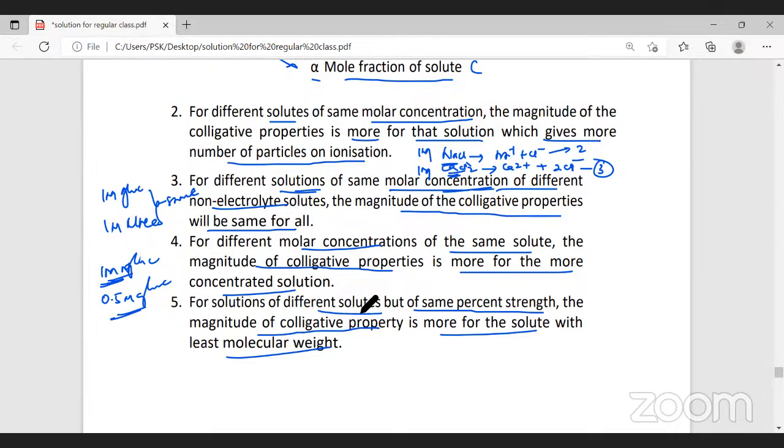Same percent strength means same weight percent concentration. When we have the least molecular mass, the number of molecules for the same weight will be higher. Therefore, for different solutes of the same percent strength, the magnitude of the colligative property is more for the solute with the least molecular weight.